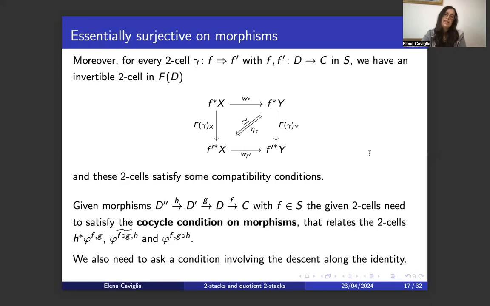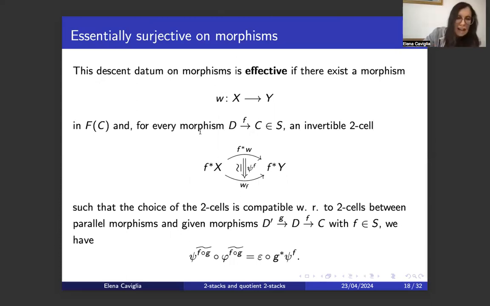So we have that the two stack is such that every descent datum of morphisms is effective. And now we get to the object part, which is the most complicated one, because we don't know what to expect here. We don't have a similar condition for stacks. We can expect to find a weaker condition than the effectiveness, but we don't know how this should look like.